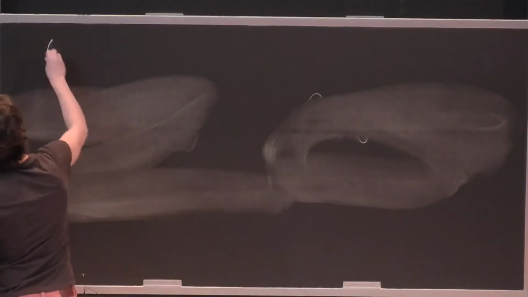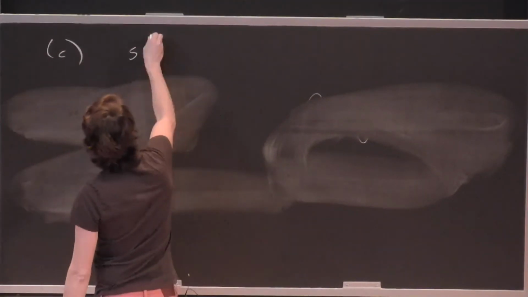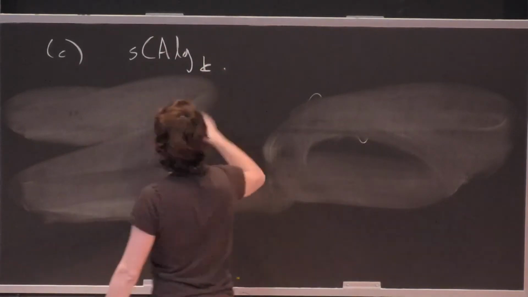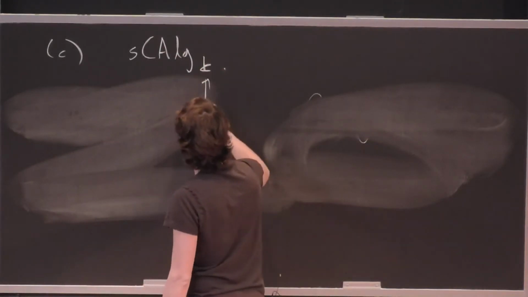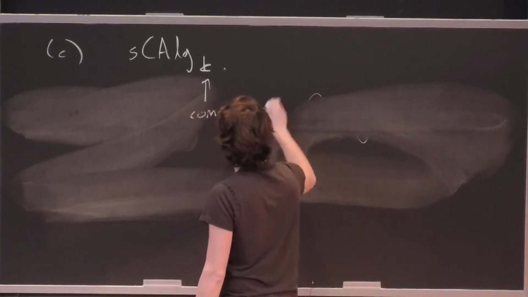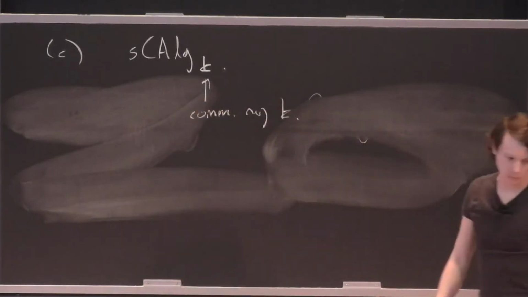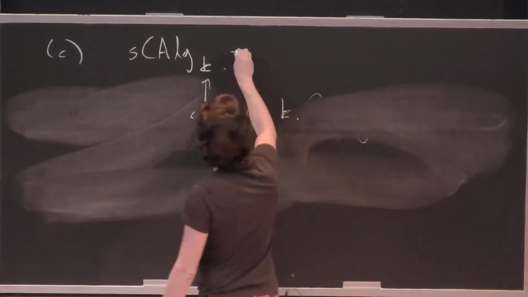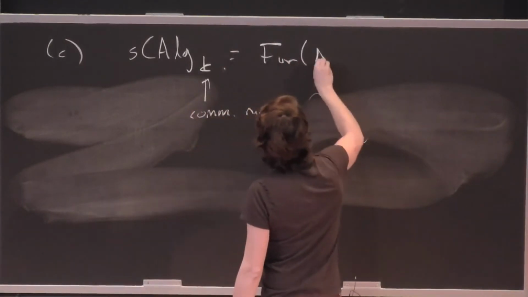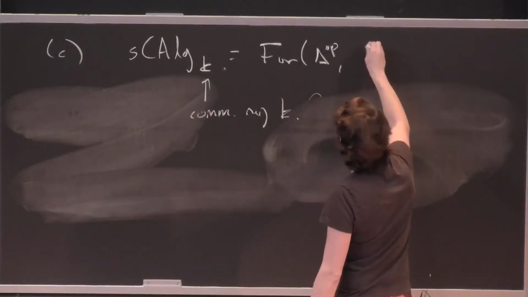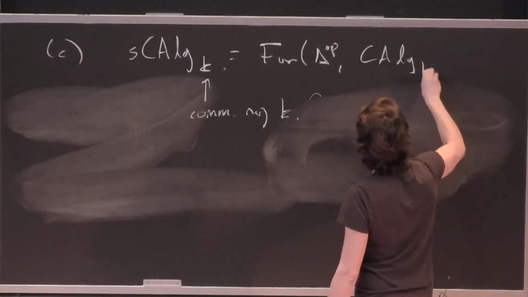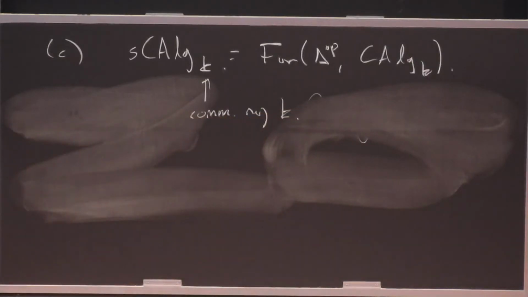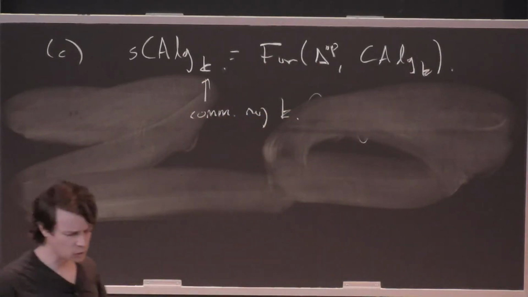And C, simplicial commutative algebras over some base commutative ring K. So this is going to be the thing that we care about. This is functors from delta op into commutative K-algebras. And this is going to be the home for derived algebraic geometry for us.